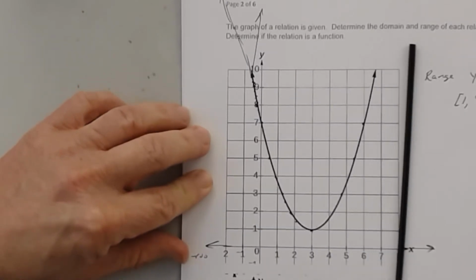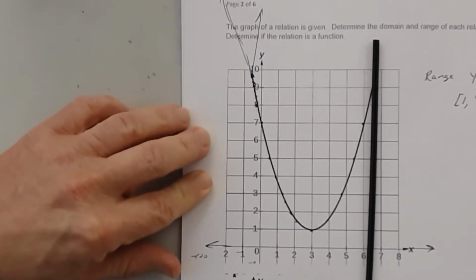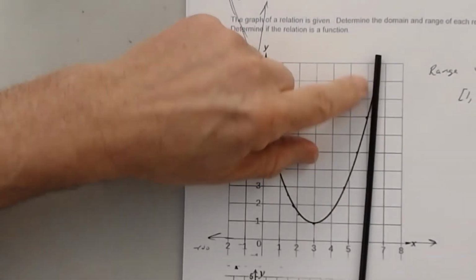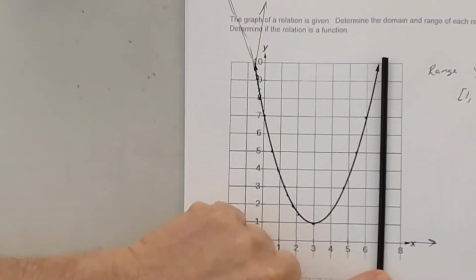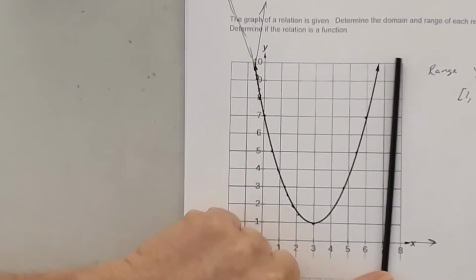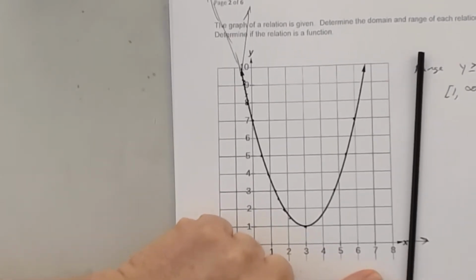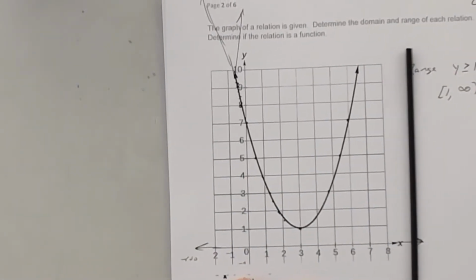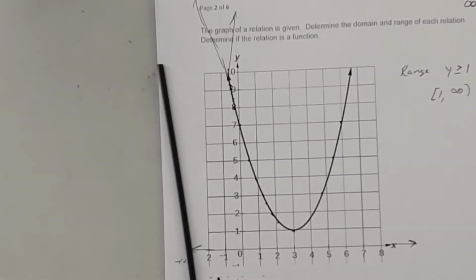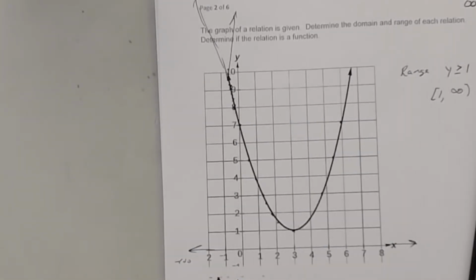Positive infinity. Don't think it stops where x is 6, because it doesn't. When x is 7, do I get a point on the graph? Yes. When x is 1,000, I get a point on the graph? Yes, it's somewhere way up there. So it's negative infinity to positive infinity.